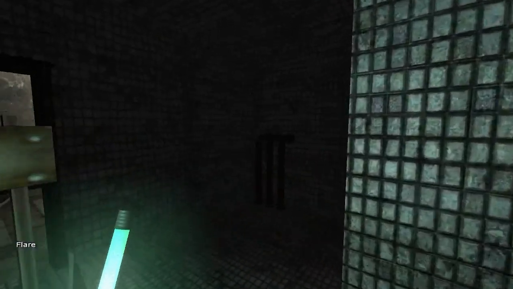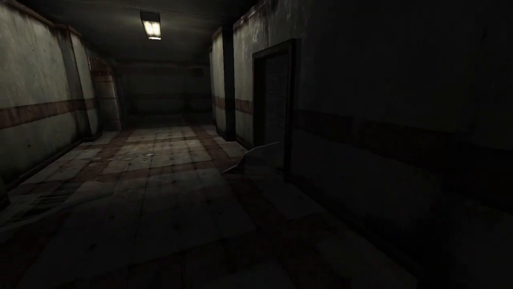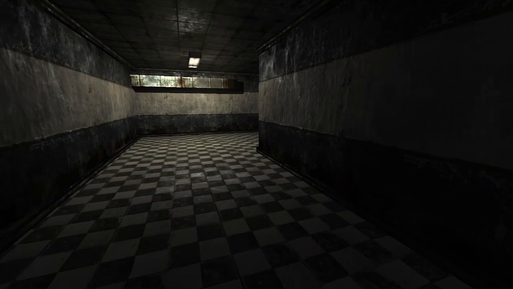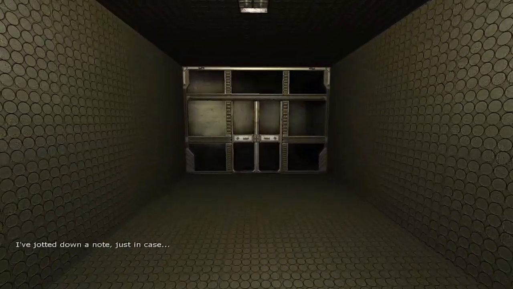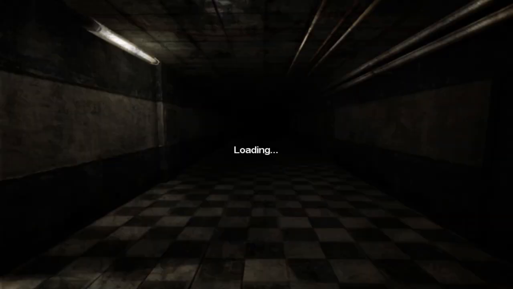Nothing useful. Okay, we can go to the machine room. We gotta remember 3061 as well. Yeah, here we go. Okay, it's filled with poisonous gas. That's fine. We have this. Yo, I can't see jack squat in this thing, though. Holy cow.